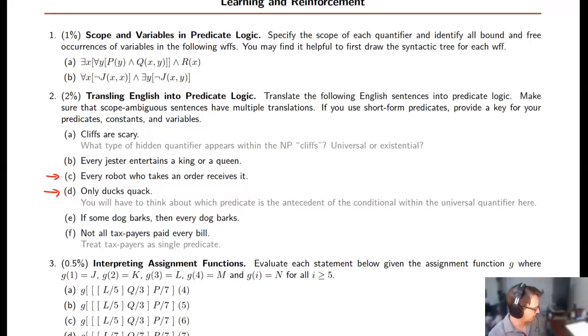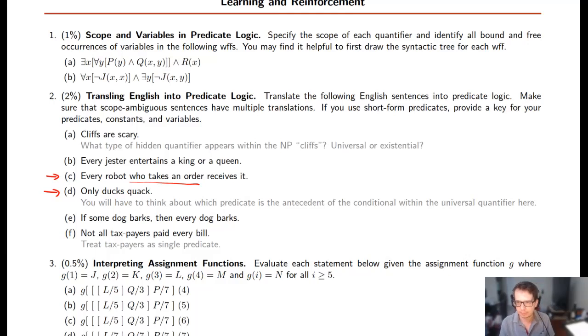So for D, I gave a little hint here. And for C, think about how we did adjectives. So it's not just as simple as saying and with one predicate, but it follows a very similar pattern.